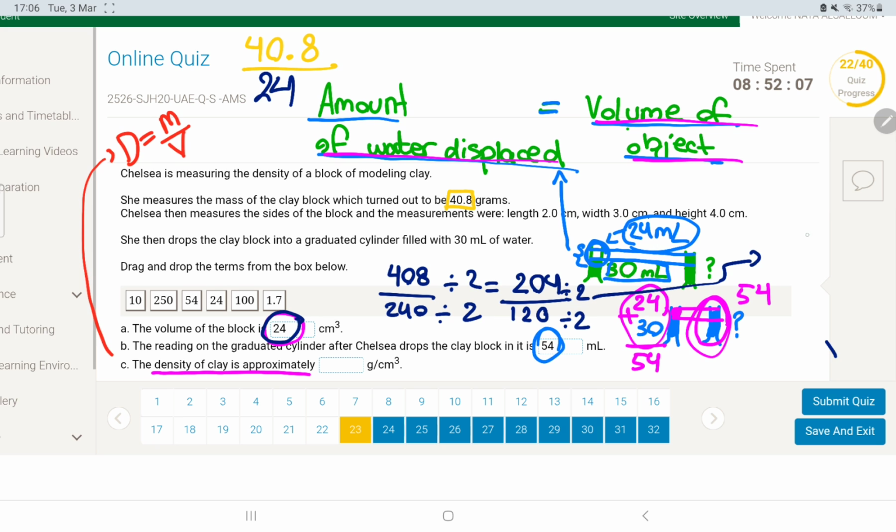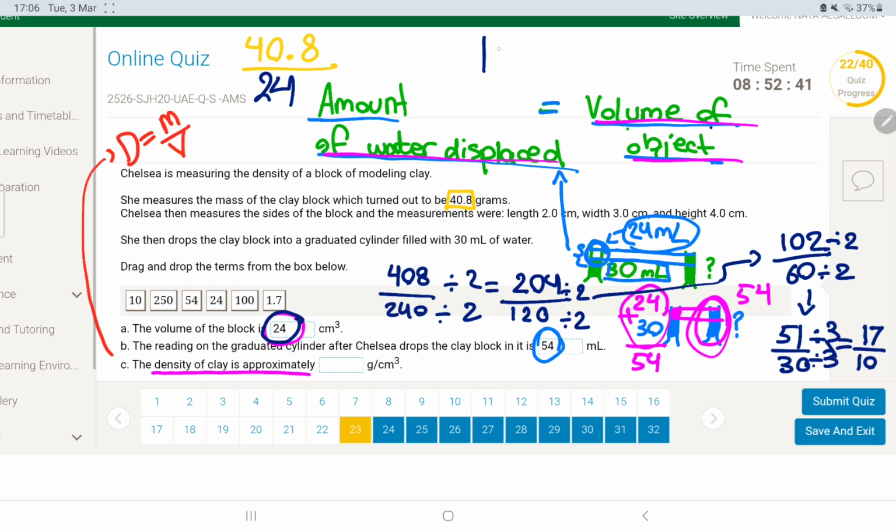Here we're going to get 102 over 60. Divided again by 2, sorry for the long division, by the way. Here, 51 over 30, and then divided by 3, you get 17 over 10.